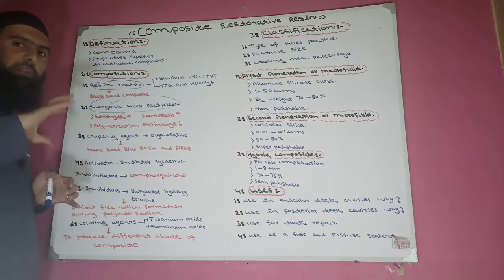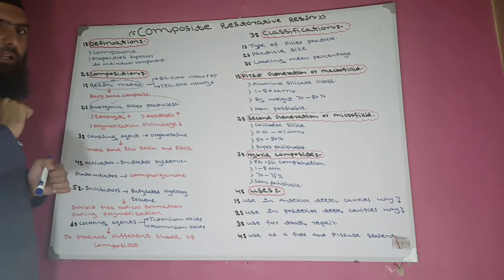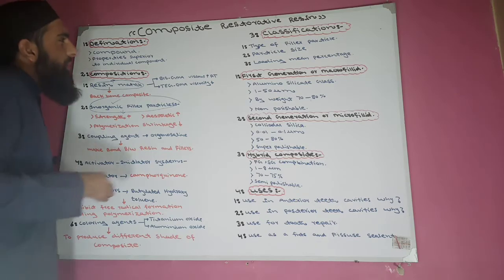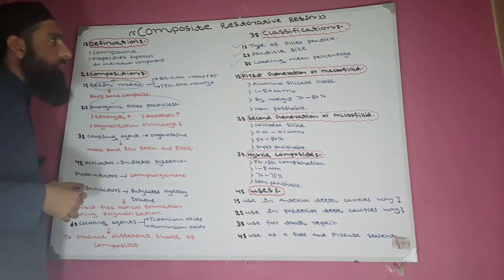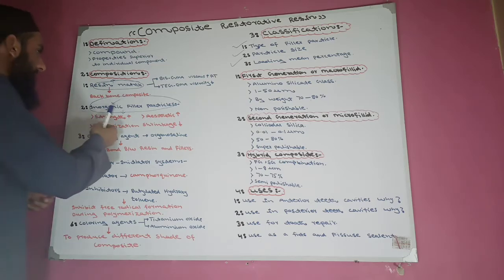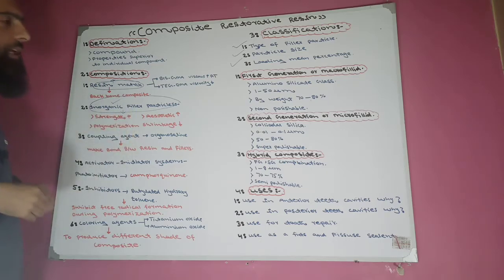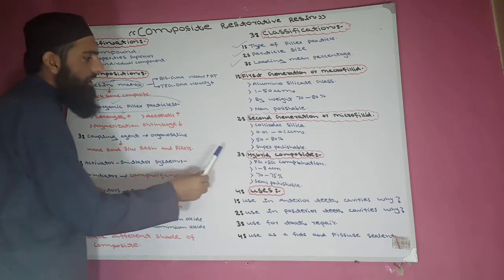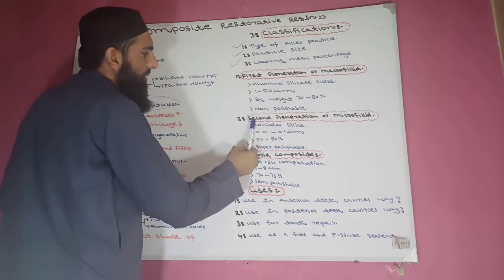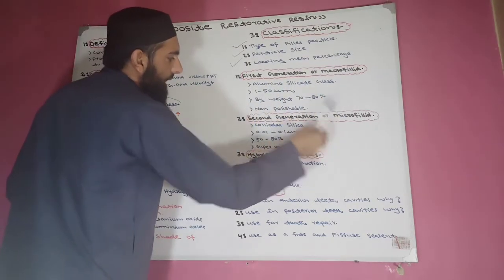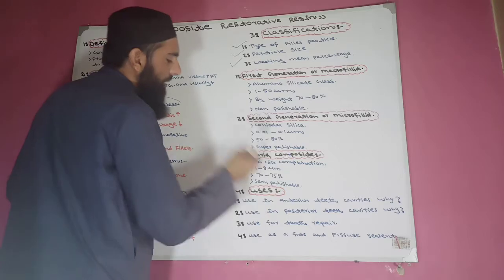Loading means percentage of filler particle. Seeing these 3 properties of the inorganic filler particle, we classify the composite resin into 3 types. First is first generation or macrofilled, second is second generation or microfilled, the third is hybrid composite.